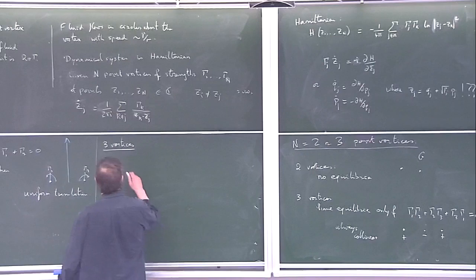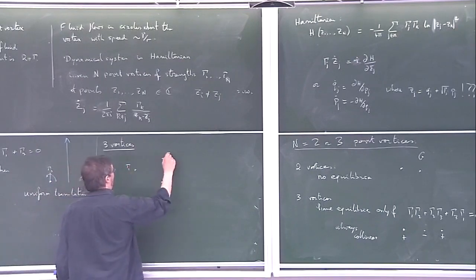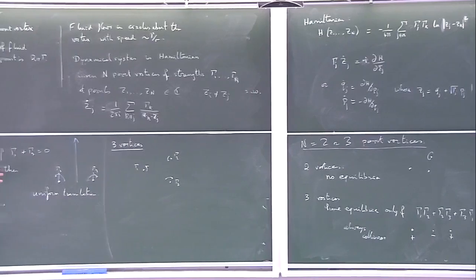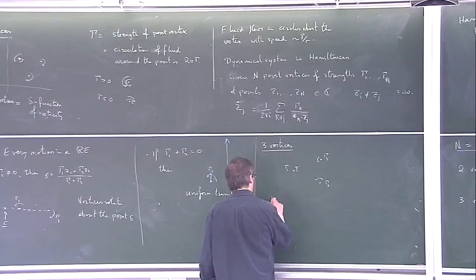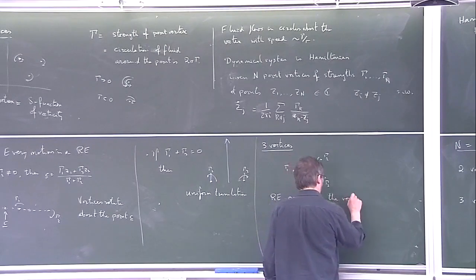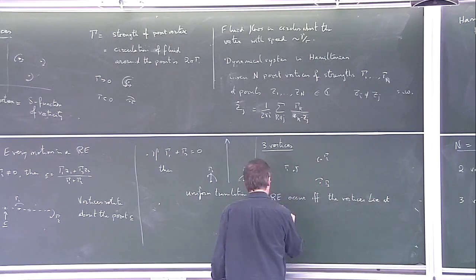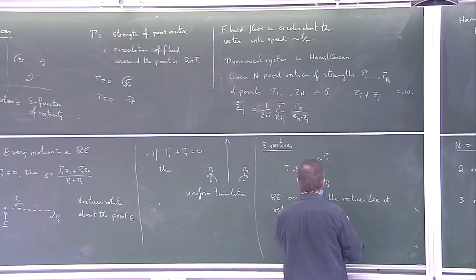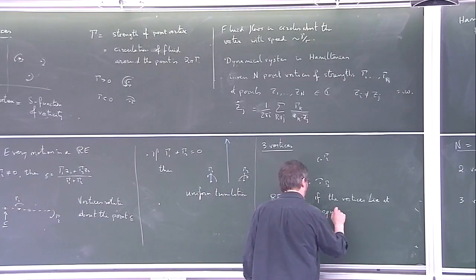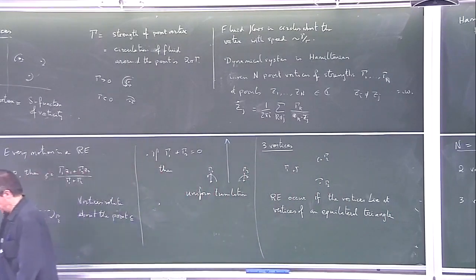So if we take three vortices, and the vortices lie at the vertices of an equilateral triangle, so it's like the three-body problem in celestial mechanics, the Lagrange solution.